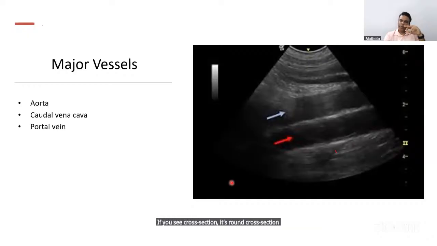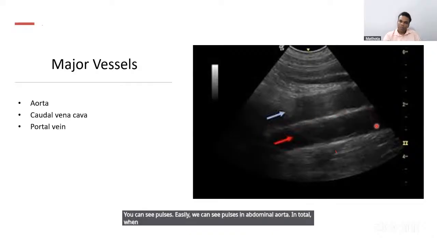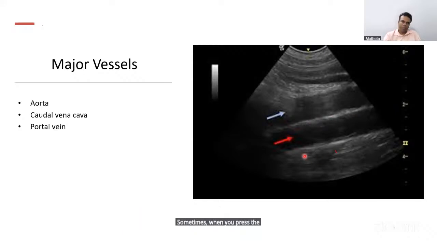In normal ultrasound B mode imaging, we can see a pulsatile appearance. You can easily see pulses in the abdominal aorta. In the portal vena cava, you don't see pulses. In cross-section, you will see an oval shape. Sometimes when you press the probe, the shape changes in the portal vena cava.